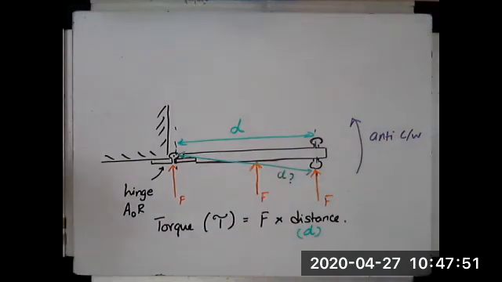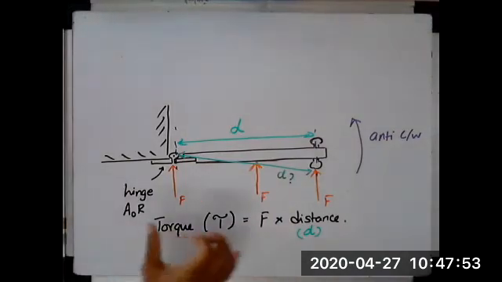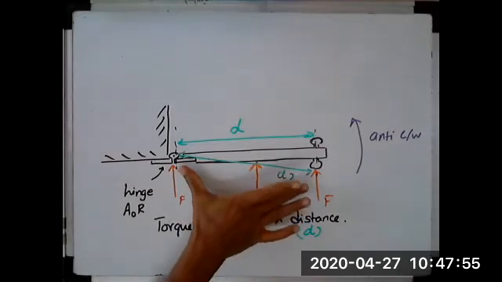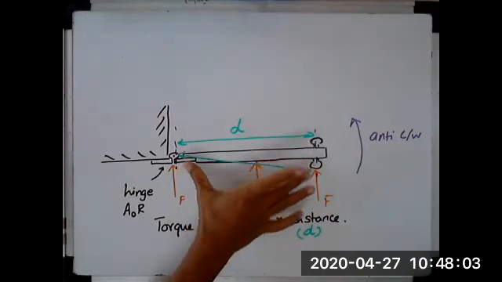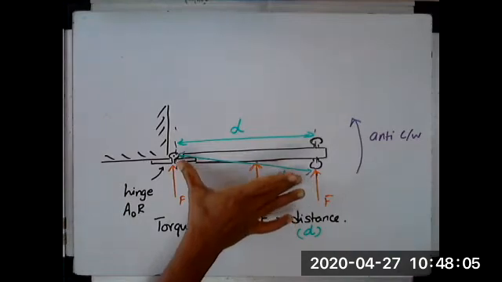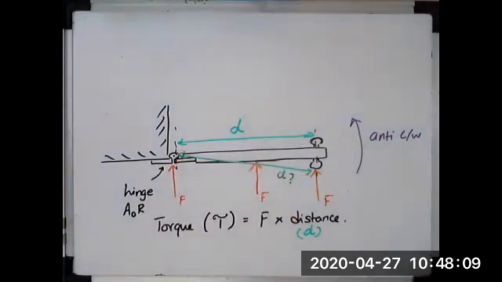After all, there is going to be a difference, geometrically speaking, between this distance and this distance. This is going to be slightly more than this. So you're going to get slightly more torque if this is the actual distance rather than this. So what is the actual distance?